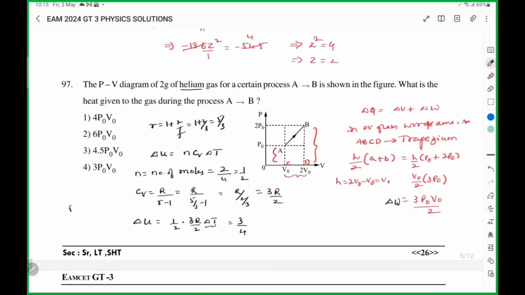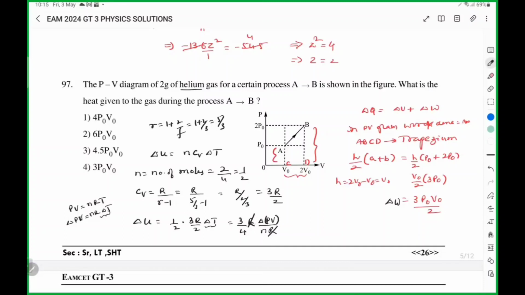So PV here is nRT. So delta PV will be nR delta T. So in place of delta T, delta PV by nR. R gets cancelled.